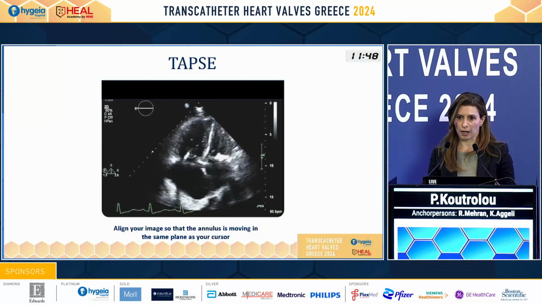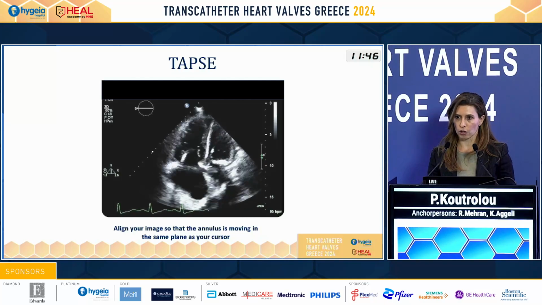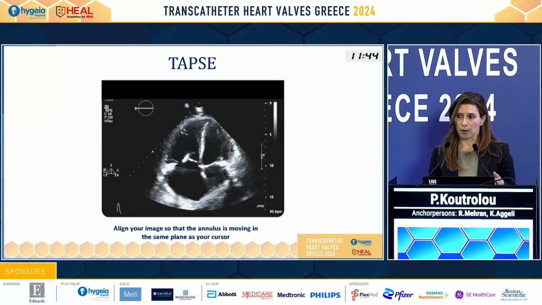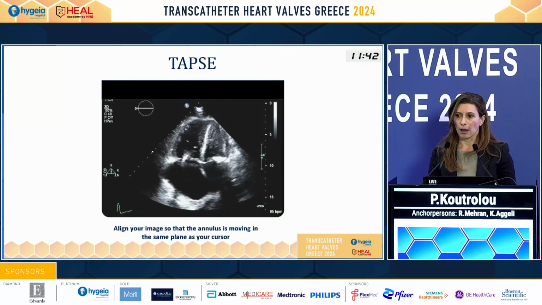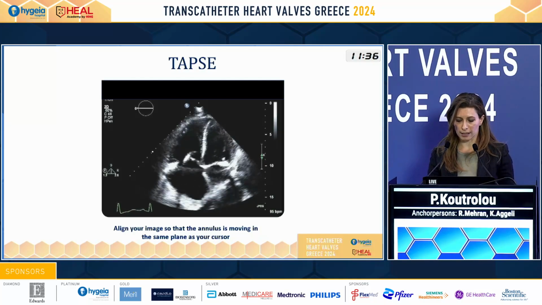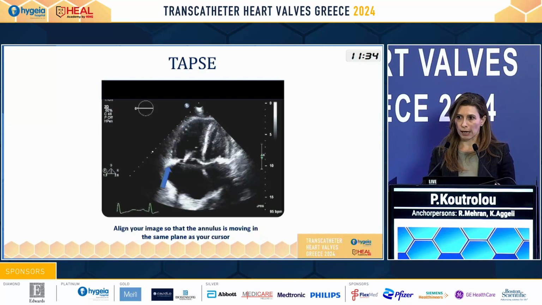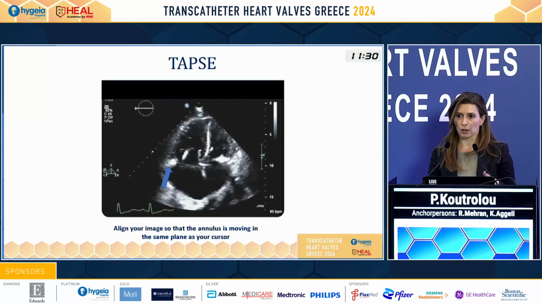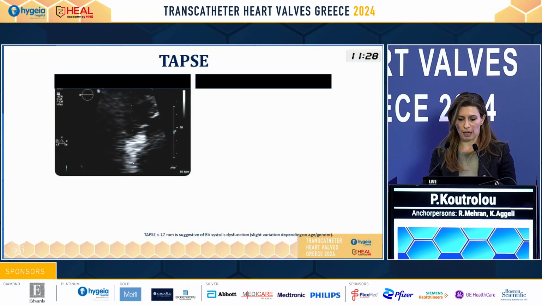TAPSE is actually tricuspid annular plane systolic excursion. We evaluate the distance that the tricuspid annulus moves up and down during systole. It is important to align our cursor parallel to the longitudinal movement of the tricuspid annulus.